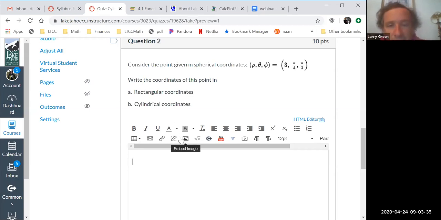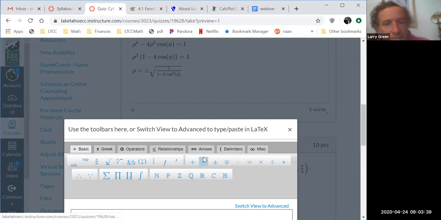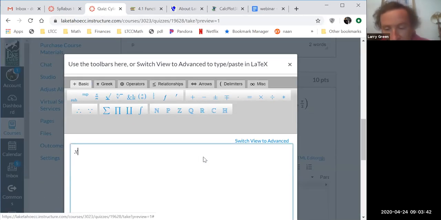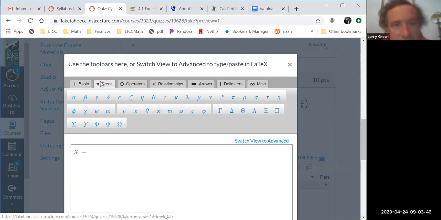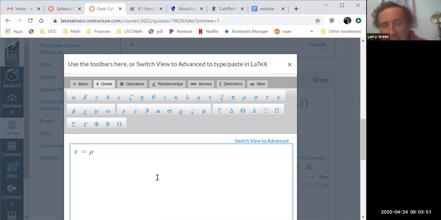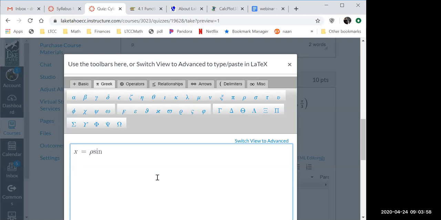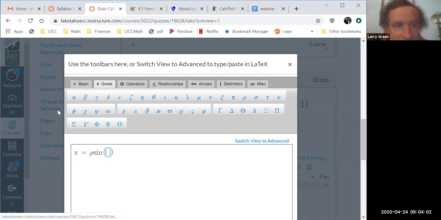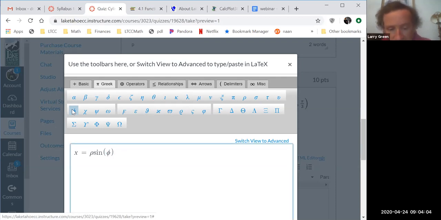So I am going to use that equation. We have x equals, and again, these are important equations, rho times, who remembers? Sine phi times cosine of theta. Yeah, sine phi times cosine of theta.